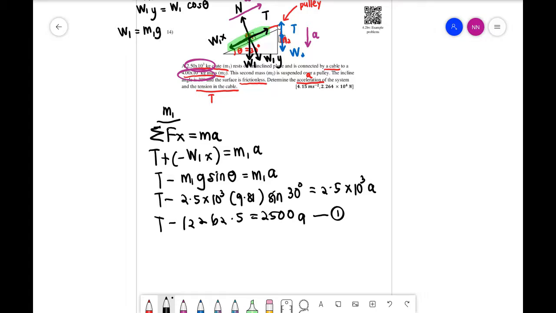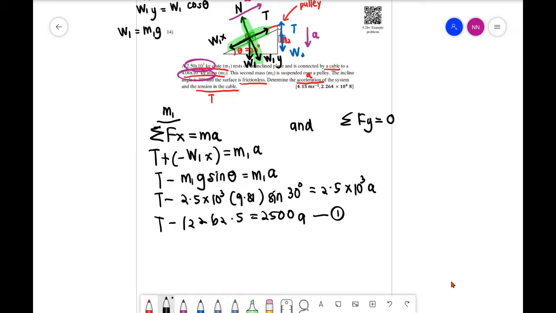And then for M1, it accelerates in the X component and doesn't move in the Y component. So for component Y, M1 is in equilibrium. Net force Y equals 0 for M1. The component perpendicular to the inclined plane has the normal force N and W1Y.